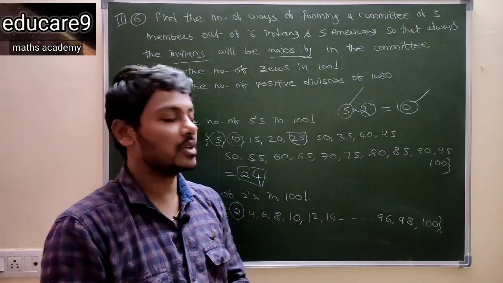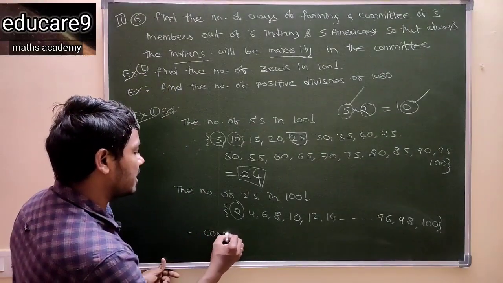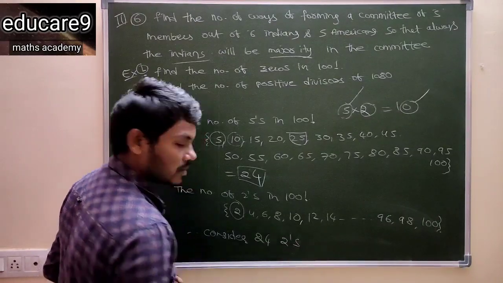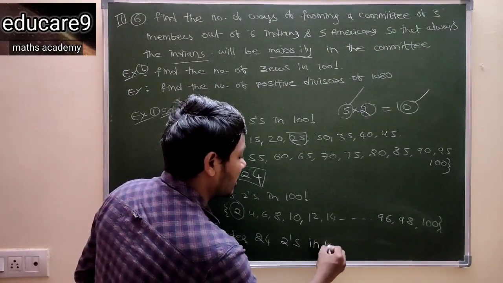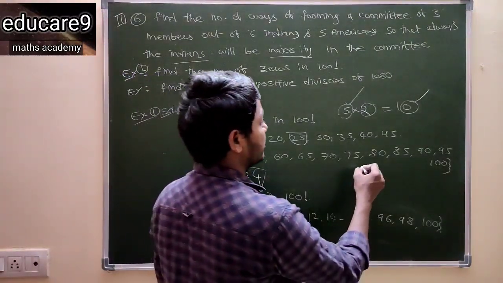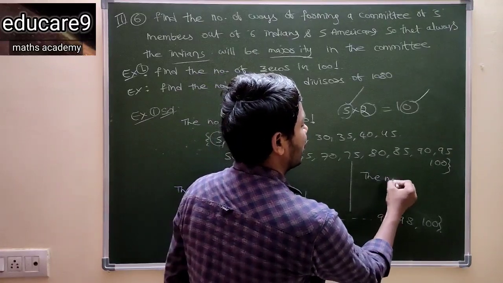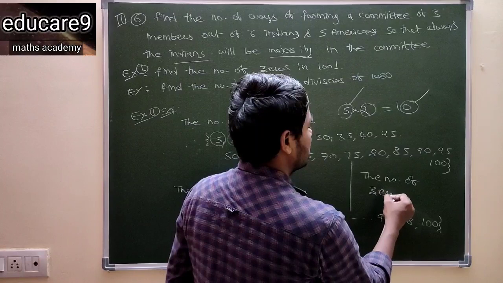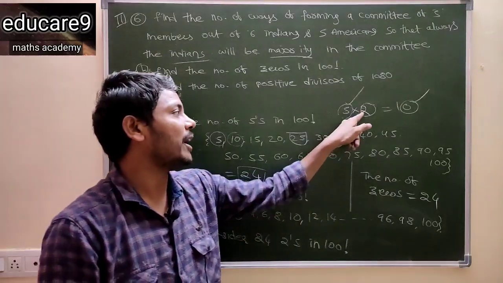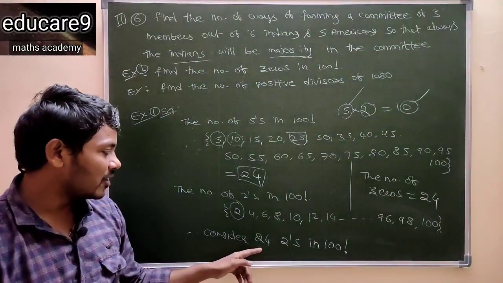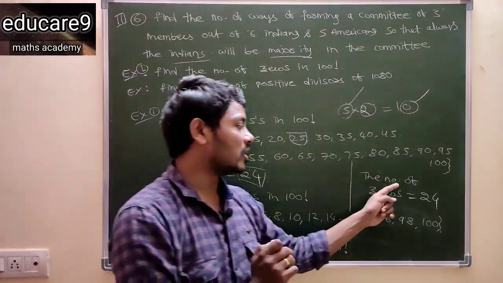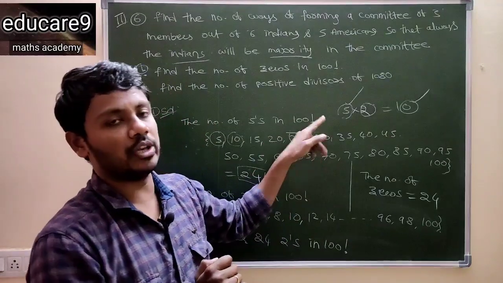Therefore consider 24 2's in 100 factorial. So the number of zeros is equal to how many? 24. Each product of 5 and 2 is 10, so with 24 5's and 24 2's, clearly the number of zeros in 100 factorial is 24.